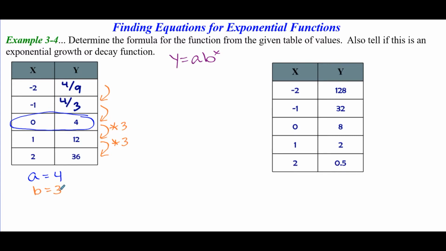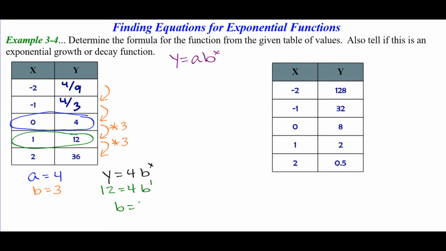If you didn't see that right away, then you can work algebraically here. So we would start with y equals, we know 4 is a, so 4 times b to the x, and then we can just choose any one of the other points in here. I'm going to choose this one because it looks easy. I'm going to plug this in for x and y. So 12 equals 4 times b to the first power.